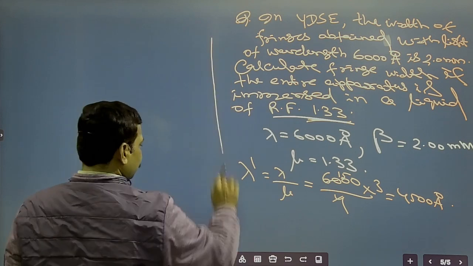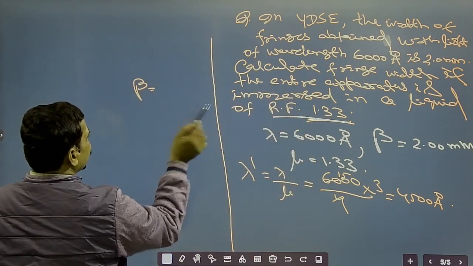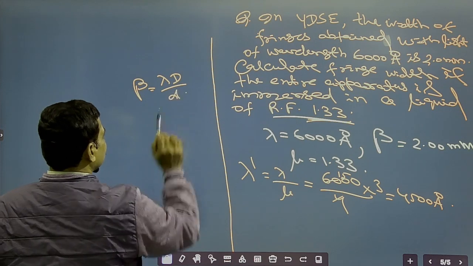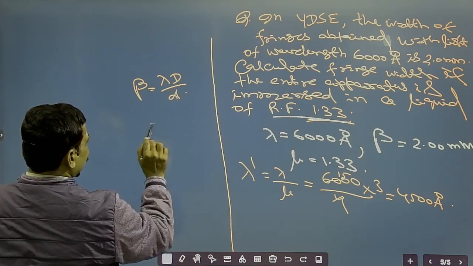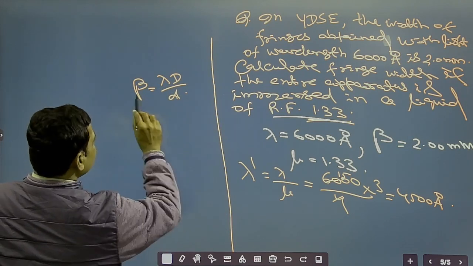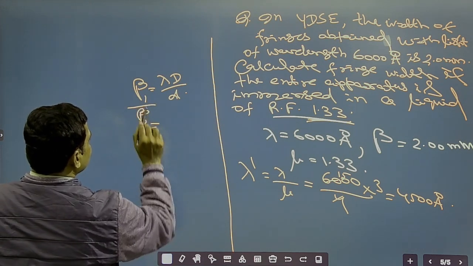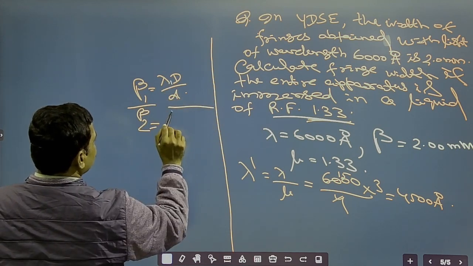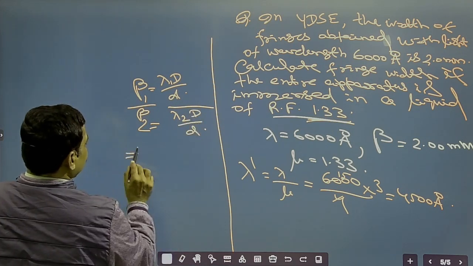Now we can find the fringe width. Beta will be equal to lambda D by d, as we got earlier. Taking the ratio, beta 1 upon beta 2 is lambda 1 D by d over lambda 2 D by d. So this will be 6000 upon 4500, which cancels out to 4 by 3.